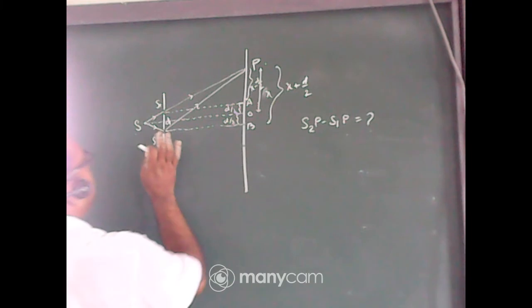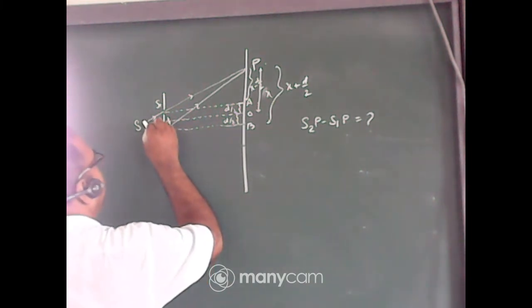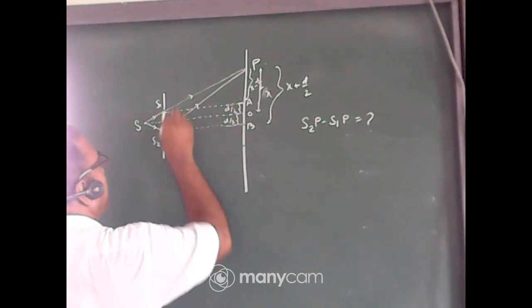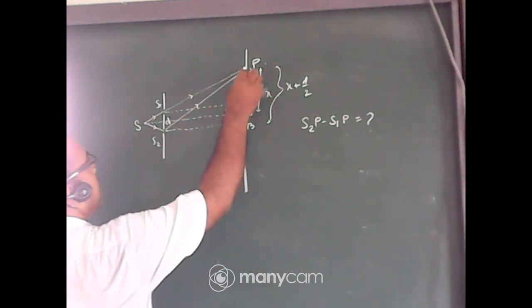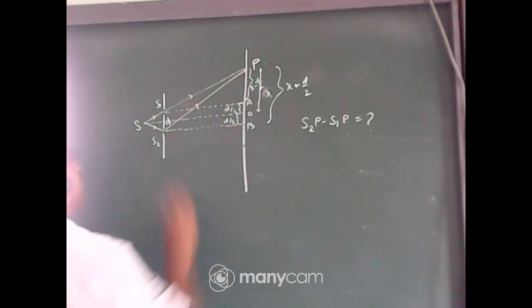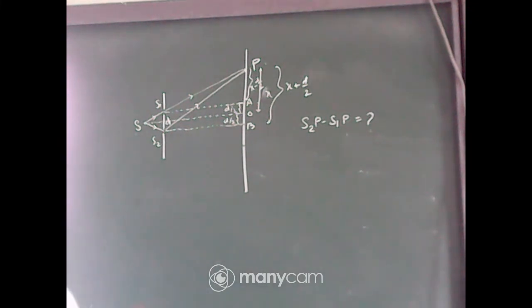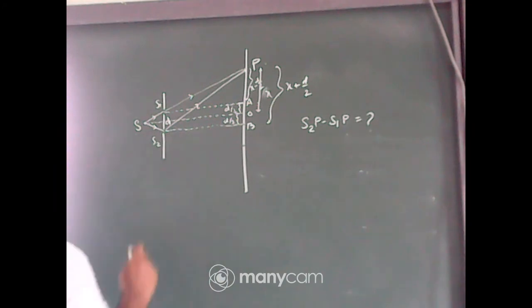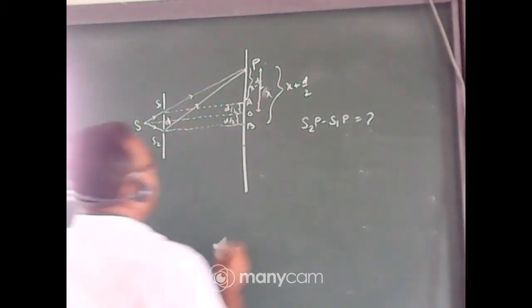That means the monochromatic light waves come from S, and the two slits are here. They are separated at a distance d, and the fringe is this. You find out the value of the path difference between the two waves, that is S2P and S1P. How can you derive it?